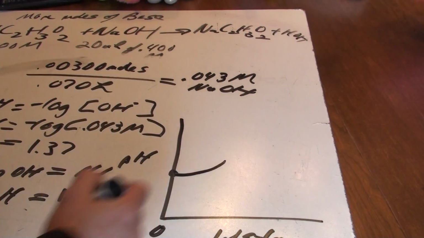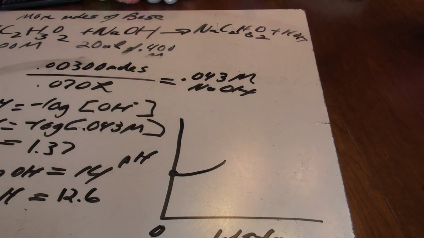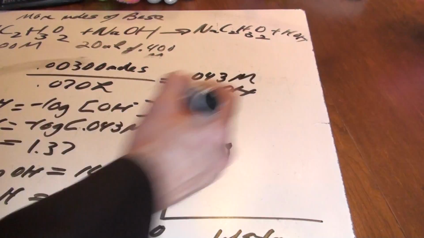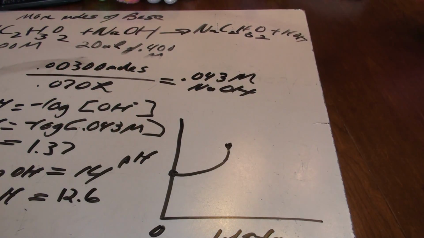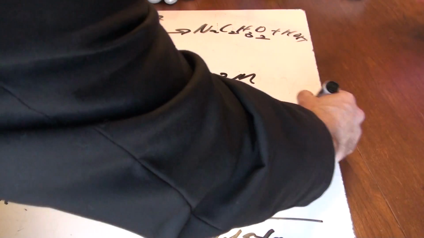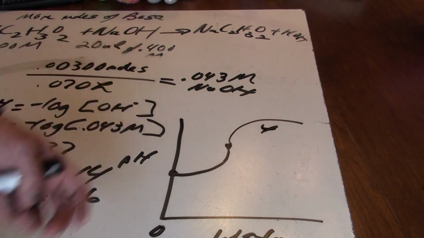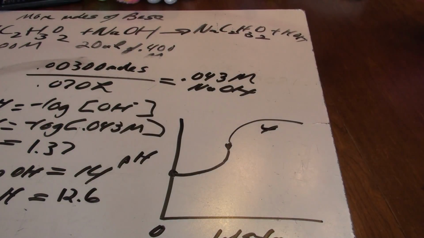When you're in this part of the curve, you have more acid than base, and so there's a different way of solving the problem, which we've already gone over in class. When you hit the equivalence point, you have an equal number of moles of acid and base. And what we just did now is what you do when you're in that top curve in section 4. All you have to do is figure out how much of the strong base you have left over and plug that into the pOH to find out what your pH will be.